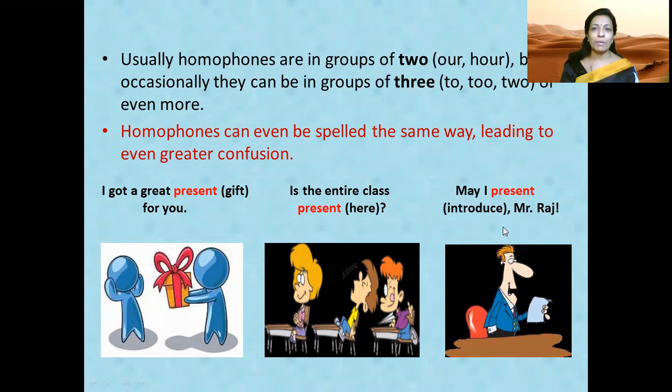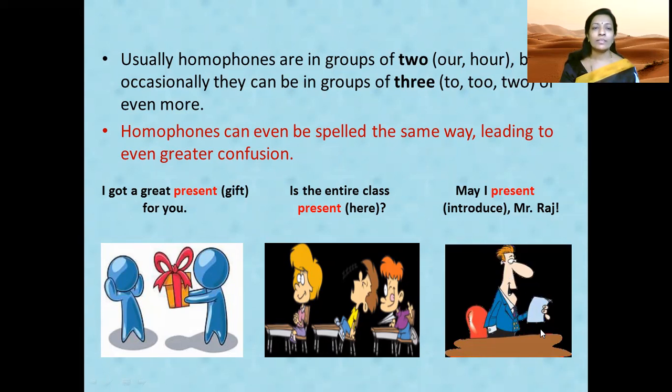The third image is again accompanied with a sentence which reads, may I present Mr. Sharma or Mr. Raj? Here, the word present means introduce.